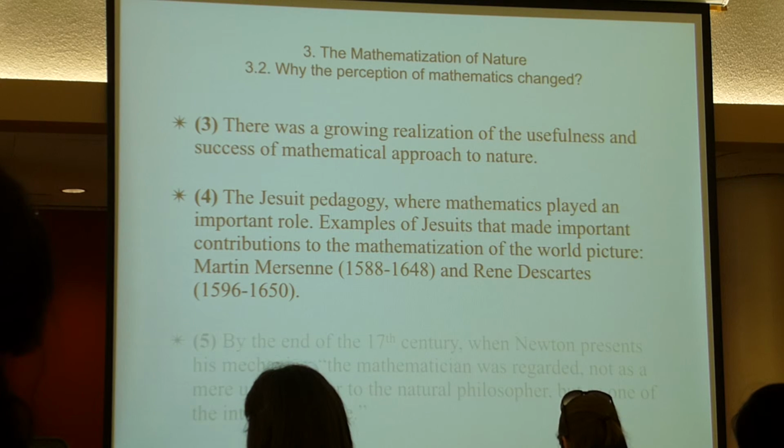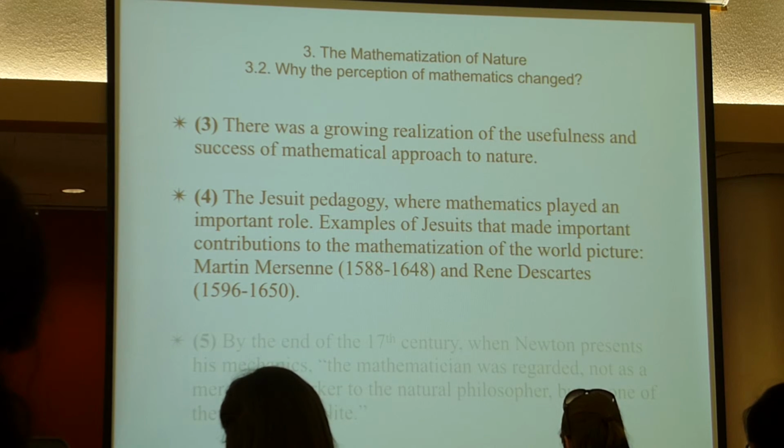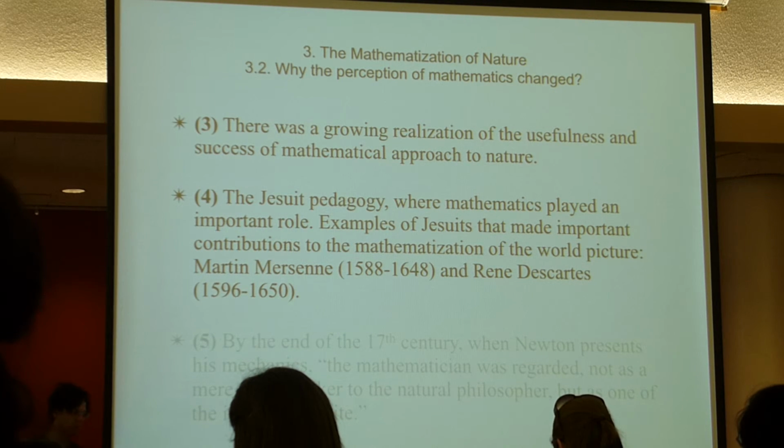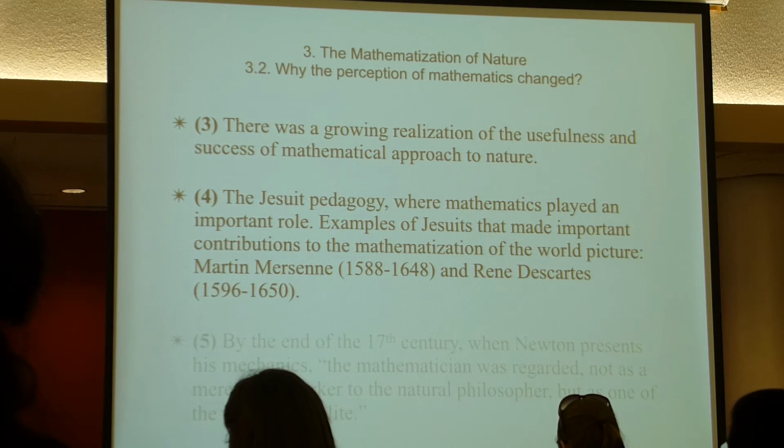So any course on theory of knowledge, epistemology, would have Descartes, because his philosophy, some say, even revolutionized the field. His philosophy of knowledge was very, very important. Now, for him, mathematics was very important.